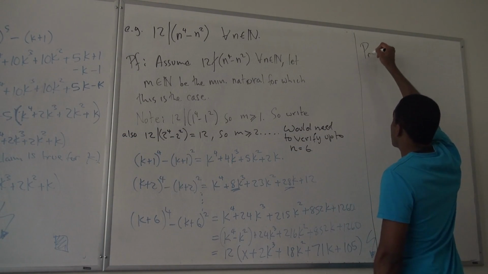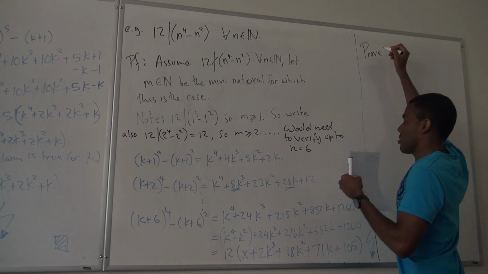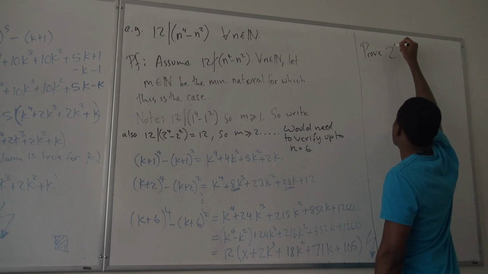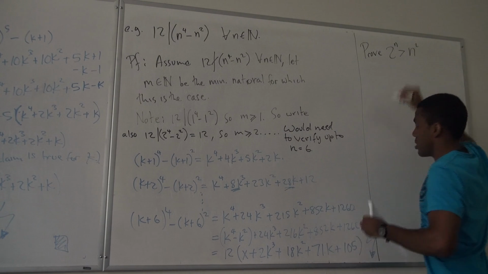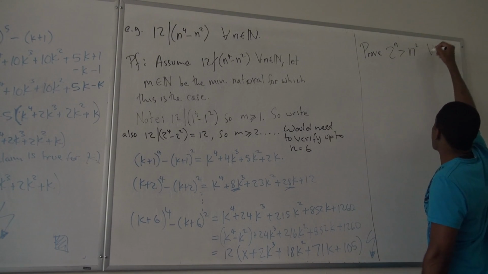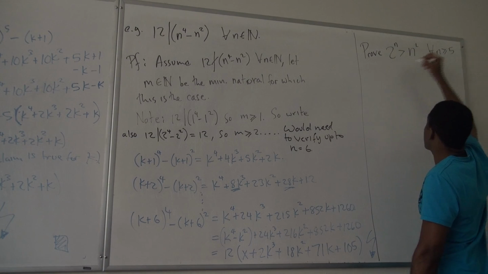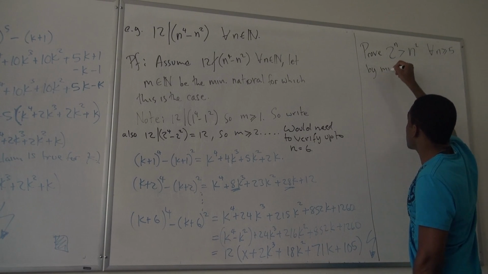Let's redo a problem. Prove 2 to the n is greater than n squared. We actually did this for all n greater than or equal to 5 by minimum counterexample.